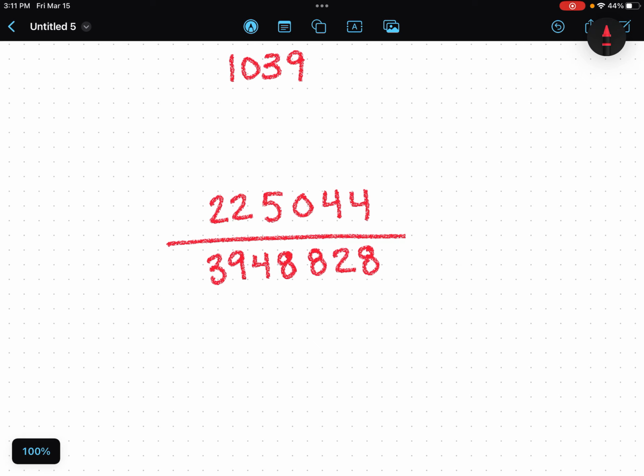So I have 225,044 divided by 3,948,828. And I get approximately 0.057. That's the probability that a random baby was post-term.